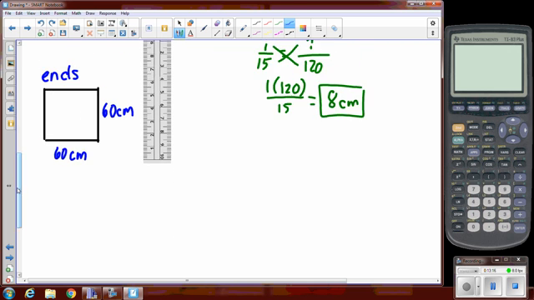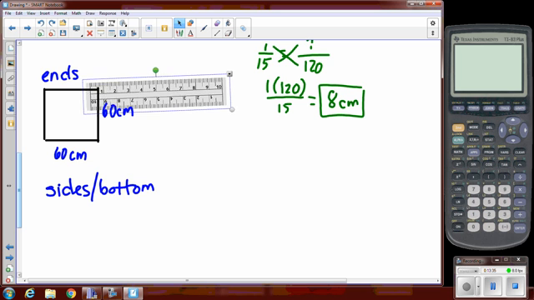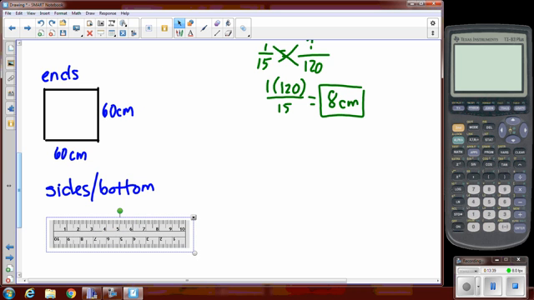Now the only other component we have are the sides and the bottom. And there's 3 of these, the 2 long sides and the bottom, but we only have to draw it once because it's the same size component. So again, we're going to take our ruler, and these things are going to be 8 centimeters long.